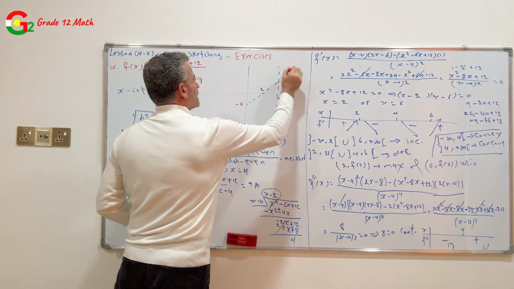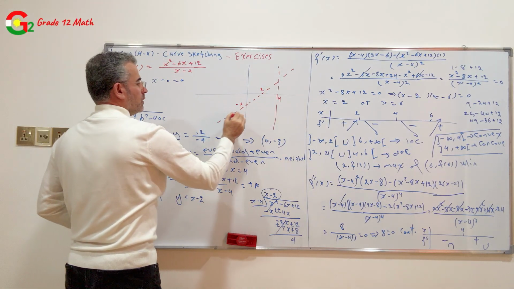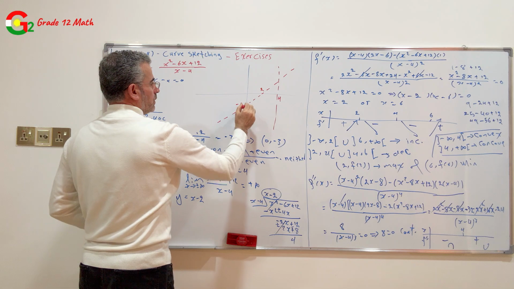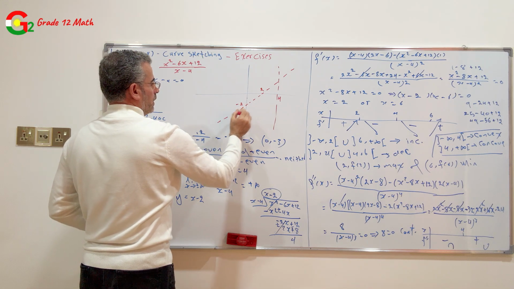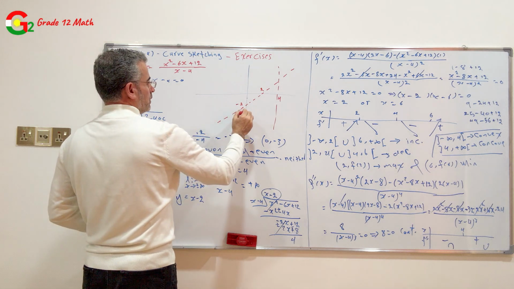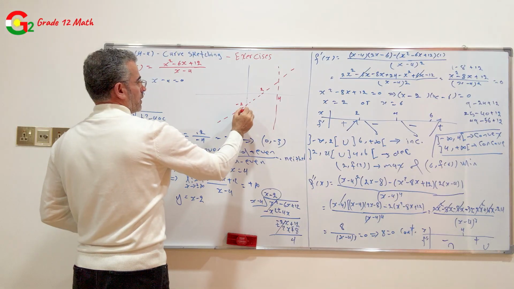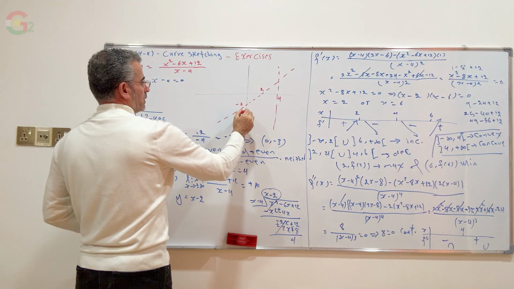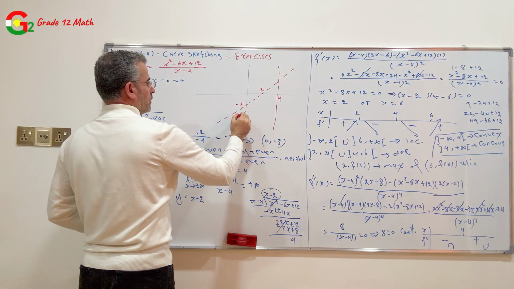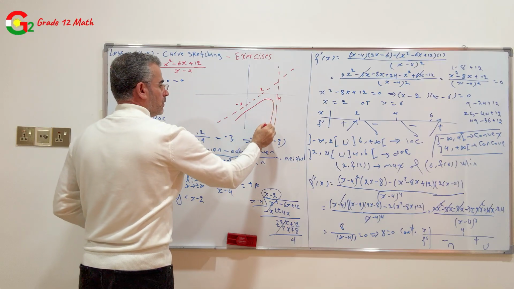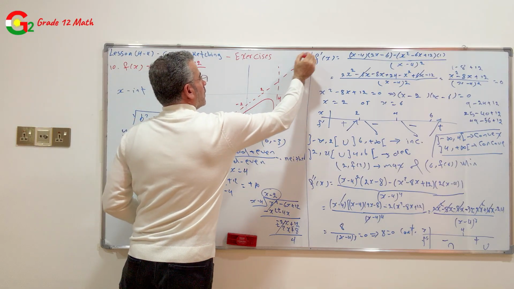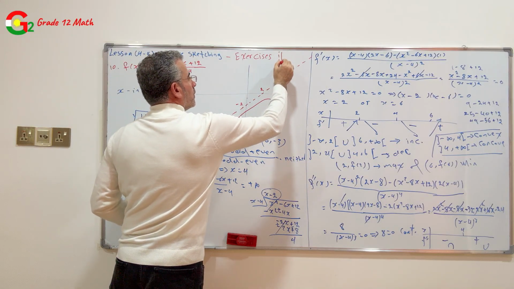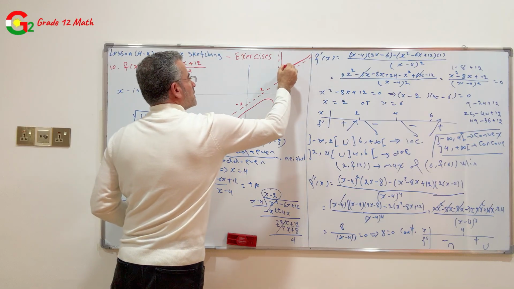We have a slant asymptote and we have y-intercept at 0, negative 3. This is the graph of this function.